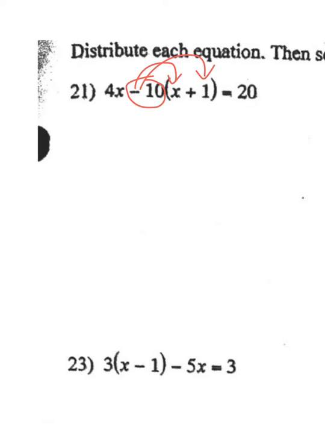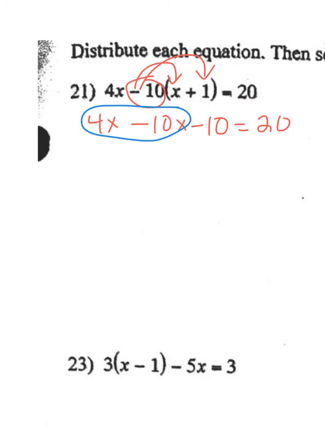Remember, one little negative sign wrong, it messes your whole problem up, so you got to make sure you're really careful. Negative 10x minus 10 equals 20, and don't forget this 4x right there. First step, I'm going to combine these x's together. That's going to give me a negative 6x minus 10 equals 20.